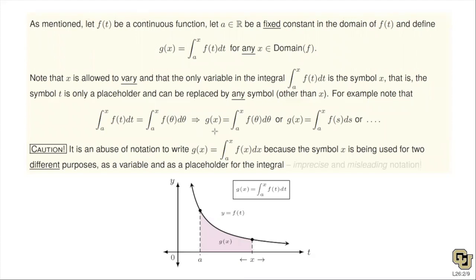Students will write the integral from a to x of f of x dx. It's a totally normal mistake to make because up until now, every integral has been f of x dx. And now we suddenly go, oh, no more f of x dx, put the x up on the upper bound and make all your integrals f of t dt or f of theta d theta, or just not f of x dx. So yeah, it is confusing. So here, let's look at some examples.